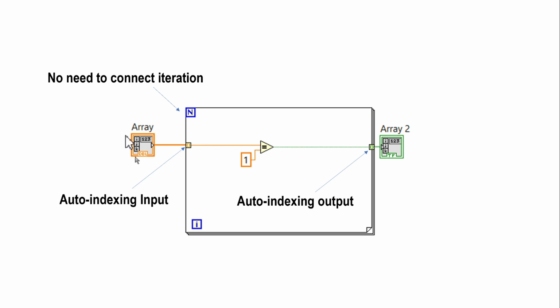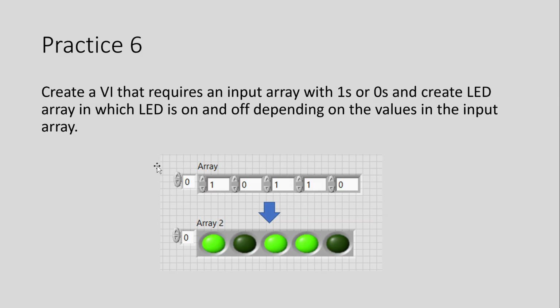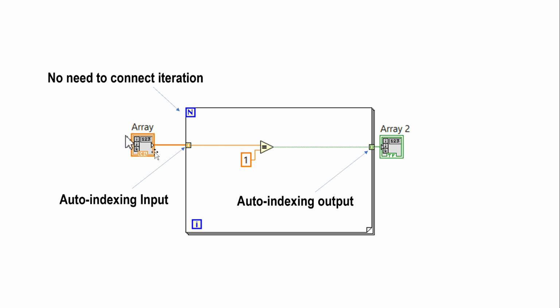So just imagine that you create this input array manually. Okay, so that's this one. Your manually created array will appear on the block diagram, and then you can create one for loop here and connect the line into the for loop.